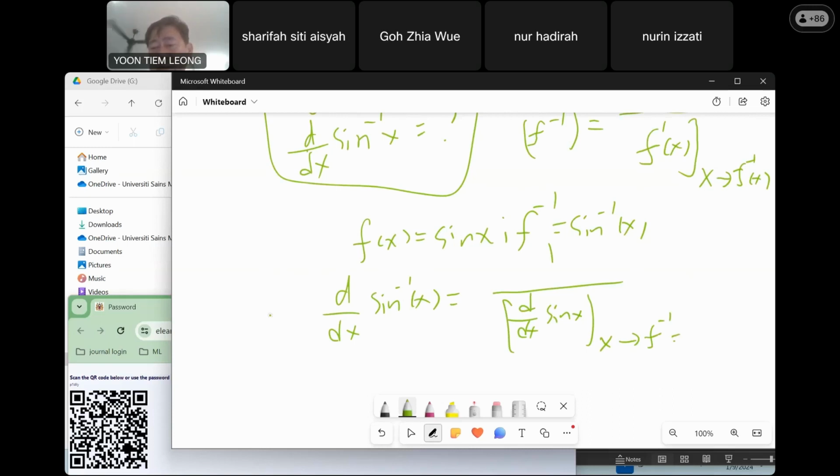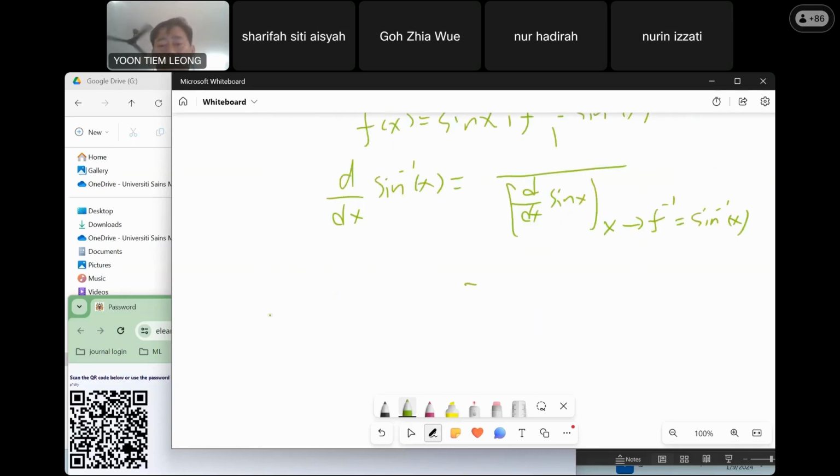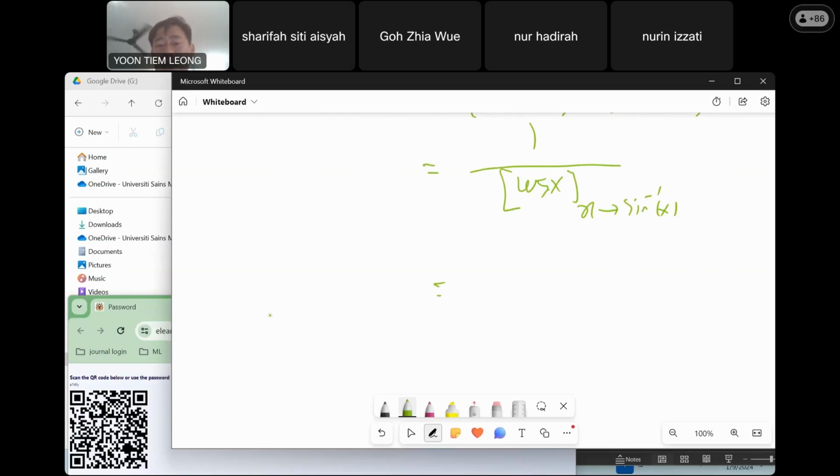By using this very simple formula, you arrive at the fact that d/dx of sine x is cos x. Then you replace the x by the expression of arcsine, and you will arrive at this very simple relationship that you have cos of arcsine of x.